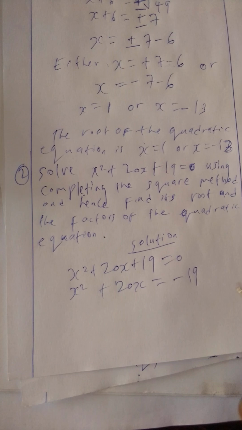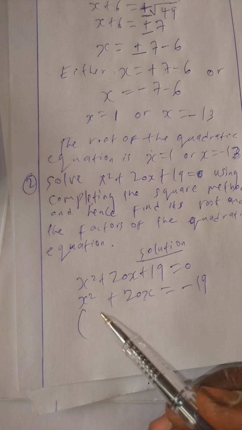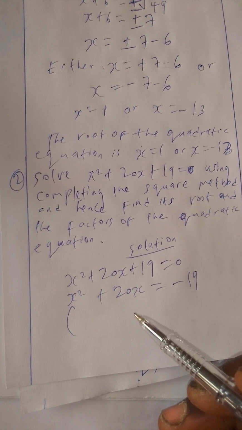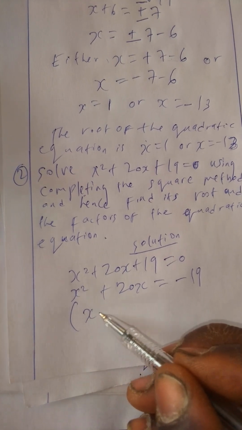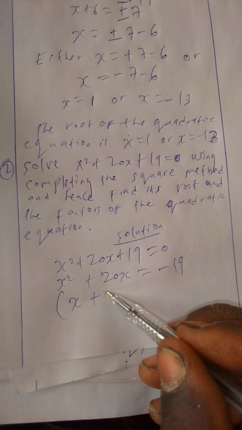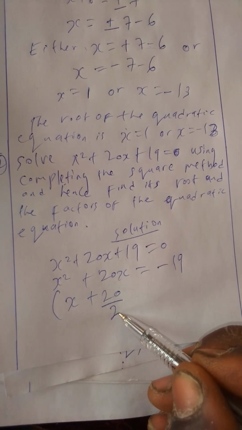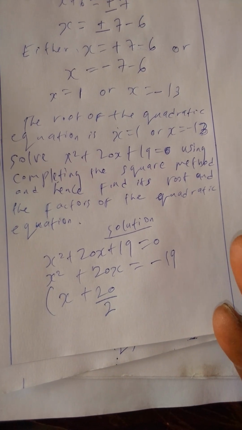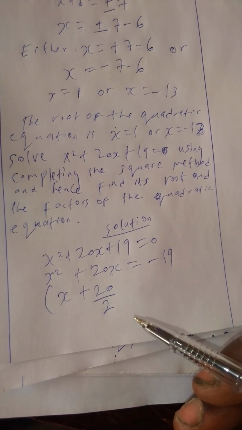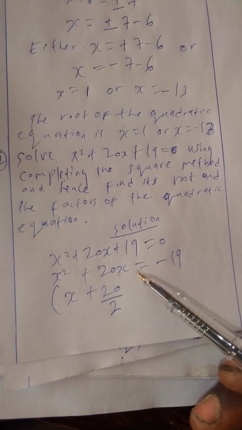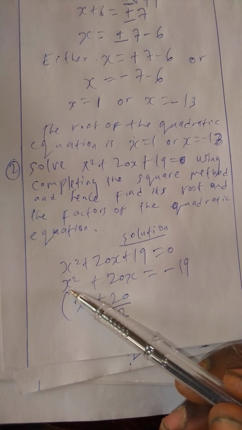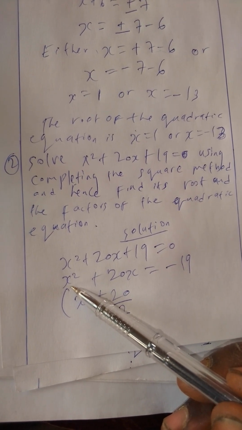So this is it. The next step is to turn x squared plus 20x to its standard form. We have x plus 20 divided by 2, since you want to turn it to its standard form, especially since the x squared coefficient is 1.